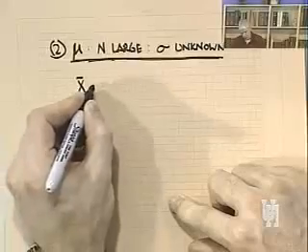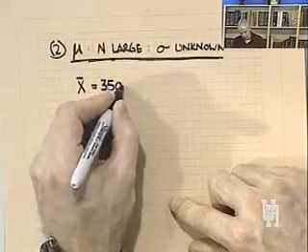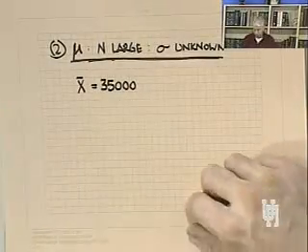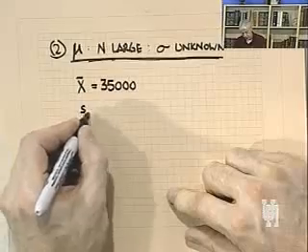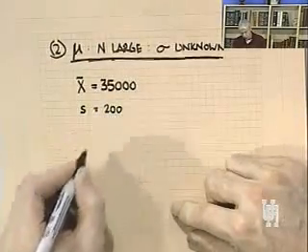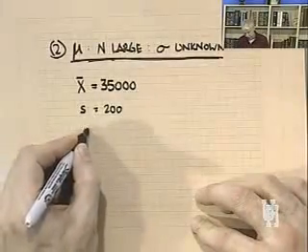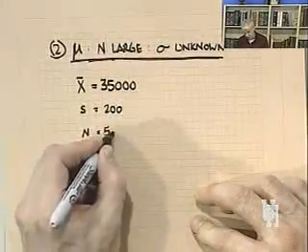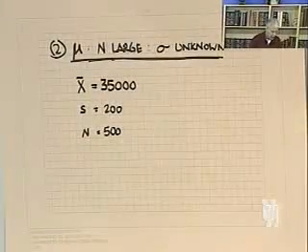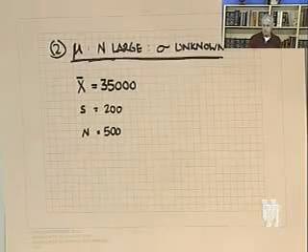A random sample, that is X bar, equals $35,000, with a standard deviation of $200, that is, the standard deviation of the sample, S, is $200. And we find below that N, sample size, is 500. And it asks, what is the 95% interval estimate for the population mean mu?